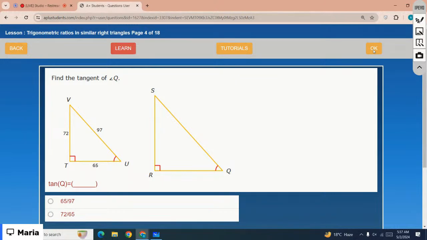Find the tangent of angle Q, which is the correct option. The 20 over 65 is the correct option.